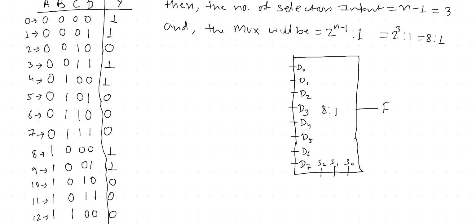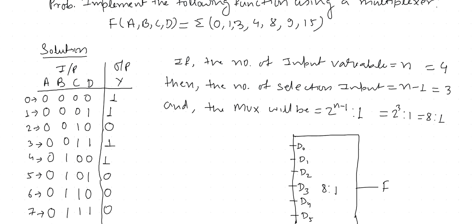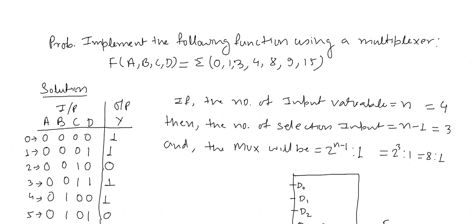In this problem, whatever the function A, B, C, D, 4 variables, in these 4 variables, we can take any 3 as the selection input. So here, we can take either B, C, D or A, B, C, any 3 as a selection. So suppose in this case, we take B, C, D as the selection.